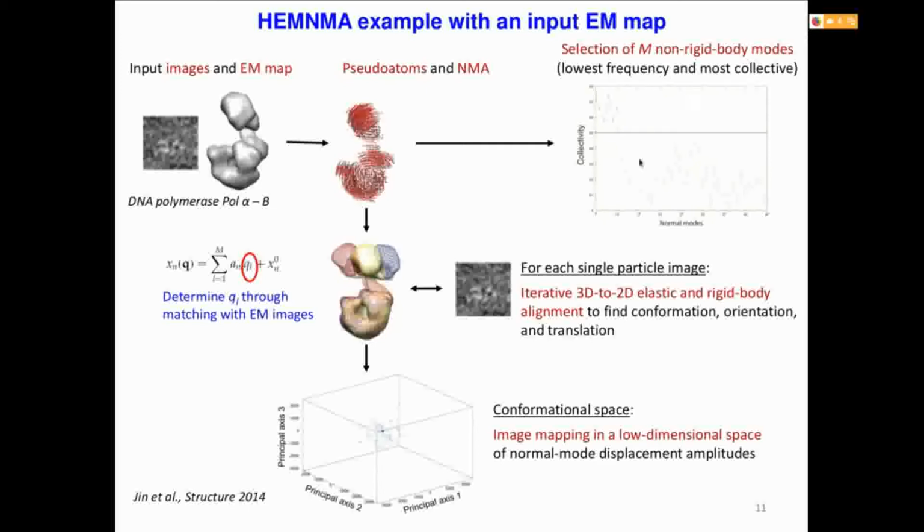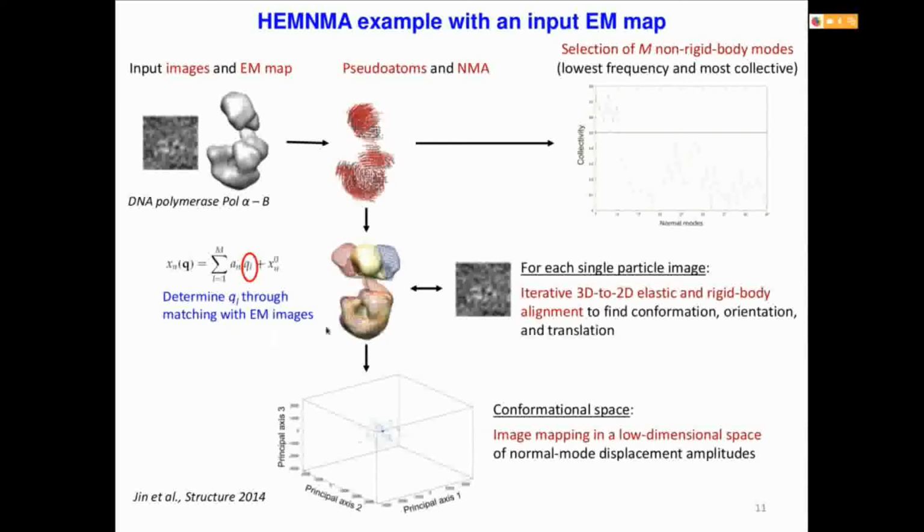We have a measure of the collectivity that is measuring how many atoms are moving together with the same mode. It's a measure that is normalized between 0 and 1. Typically, if you set a threshold like 0.5, you will find what are the modes that are more collective than the others. So you can select those modes. For example, here we selected 6 modes that had the collectivity above 0.5.